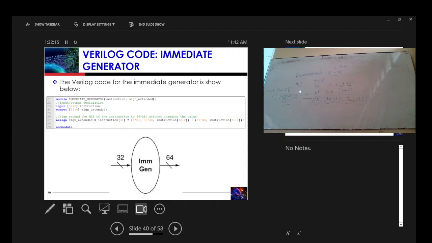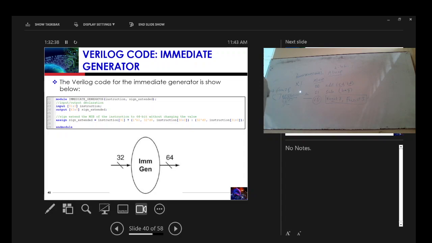If the number is positive, it means that bit will be 0, so it will be 000 then whatever. But from this code, it's not doing exactly that, right? So what is it doing? And then again, it should not take the entire 32 bits, as I said, right? It's taking only 12 bits.